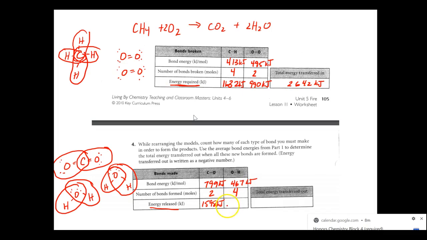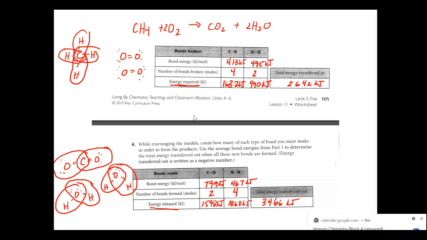And that works out to be a total of 1,868 kilojoules of energy. If I add these two up, this tells me that 3,466 kilojoules of energy were released when these atoms came together.